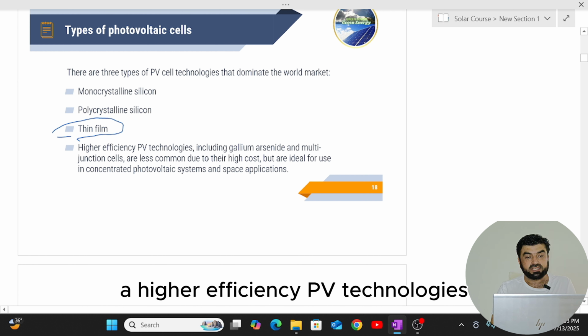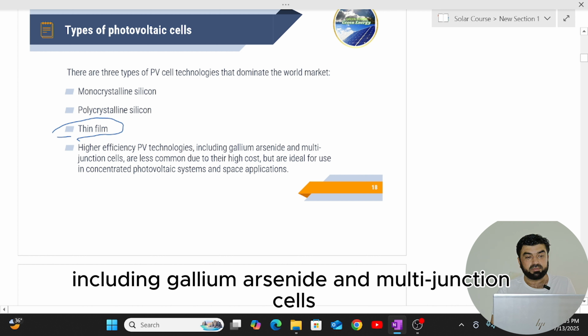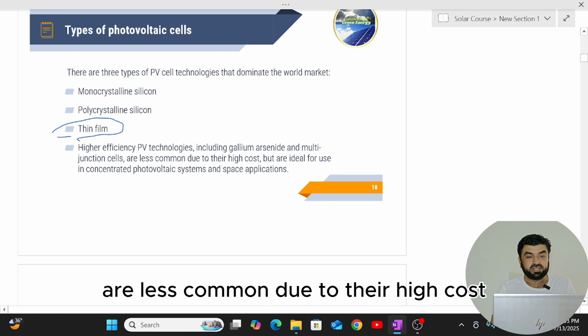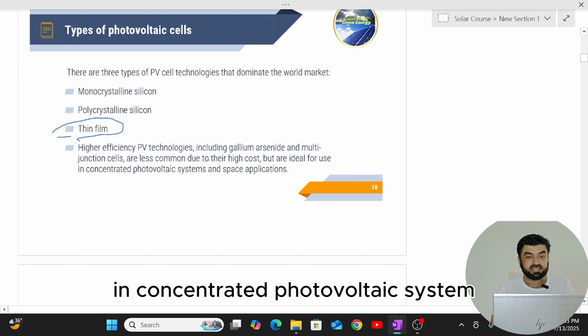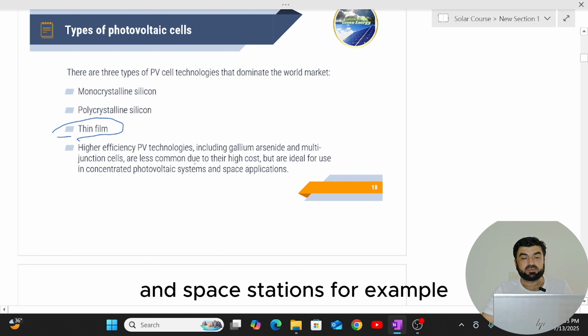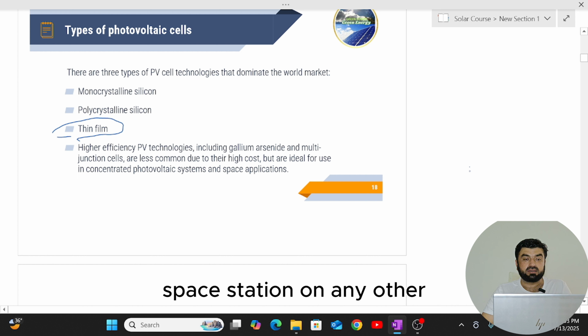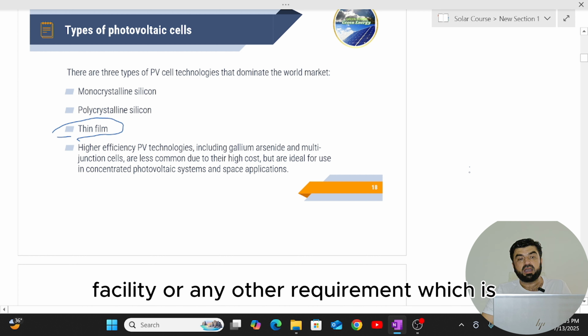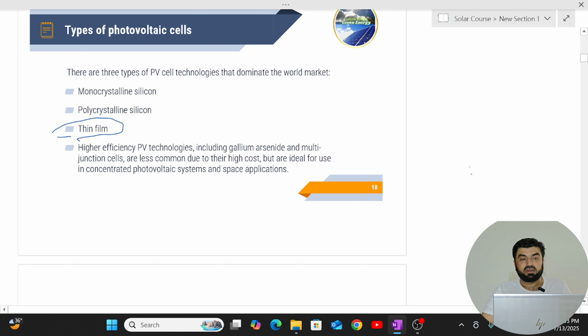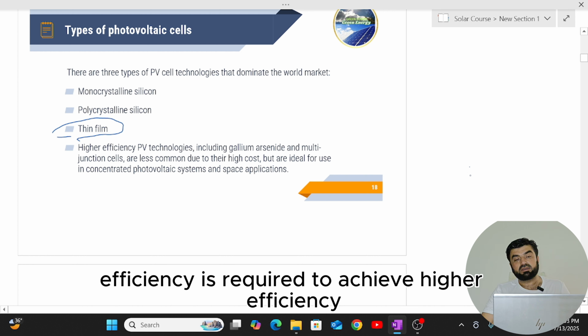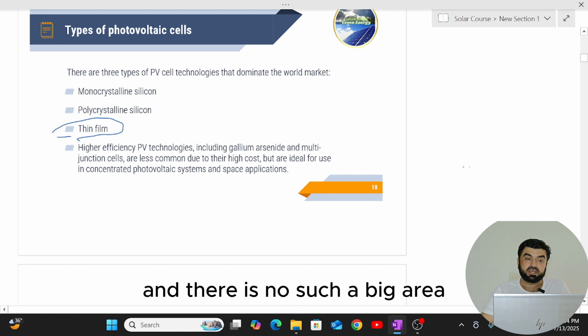Higher efficiency technologies, including gallium arsenide and multi-junction cells, are less common due to their high cost, but ideal for use in concentrated photovoltaic systems and space stations, or any other requirement where the main focus is efficiency and there is no big area.